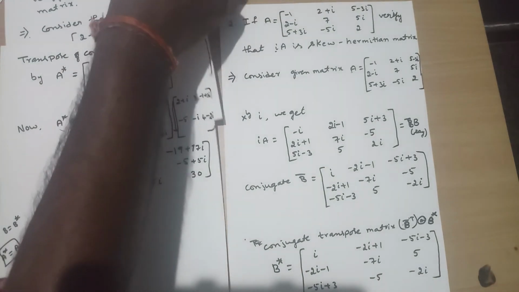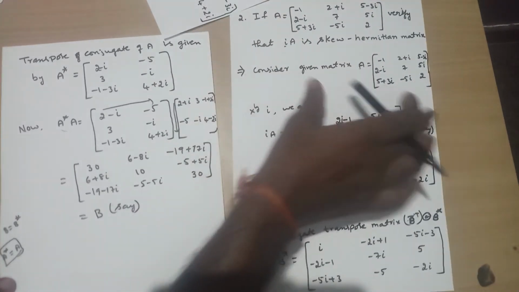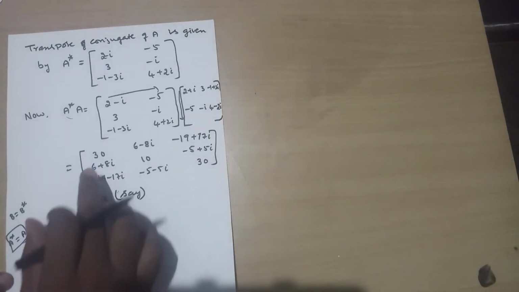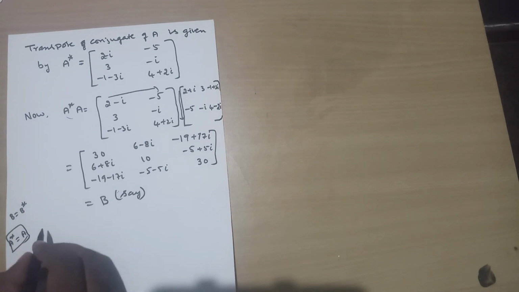So what you get, this one is matrix B, right? So you have to take its conjugate.